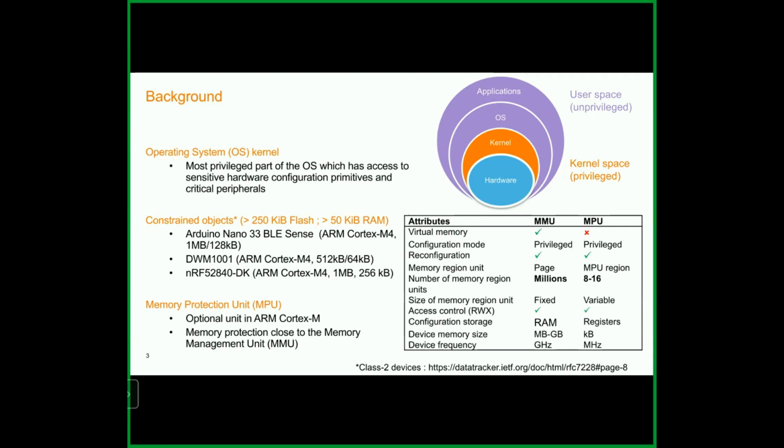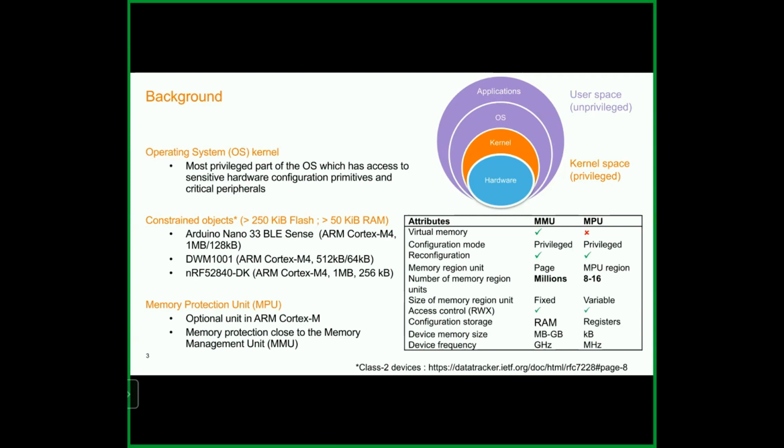So during the PhD and during the work I'm presenting, we worked with these three devices, and as you can see, they are all ARM Cortex-M type, so processor type devices, so of type microcontroller, and these processors have one special unit that is called the memory protection unit, and this one allows to have some access control on specific memory regions that we call MPU regions.